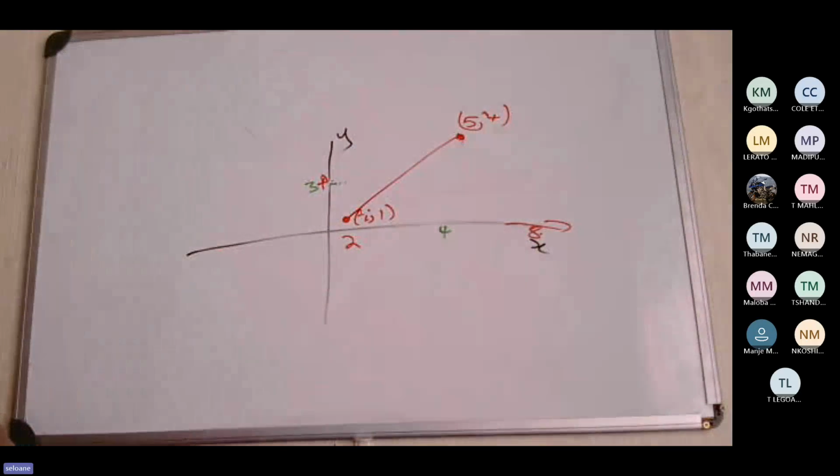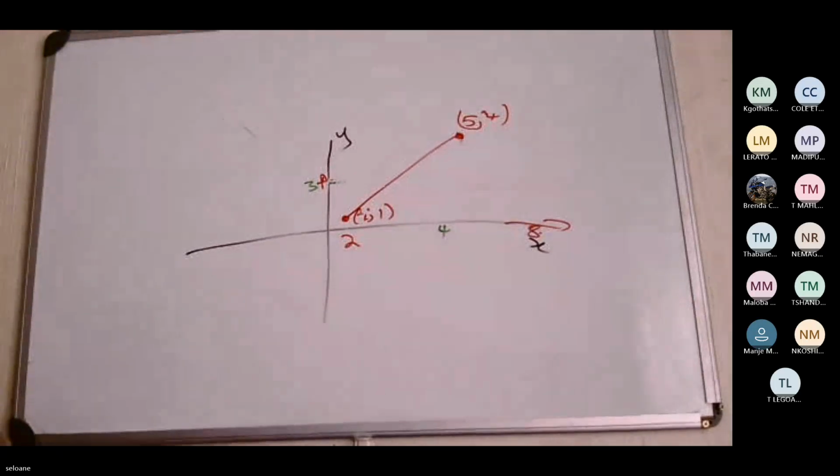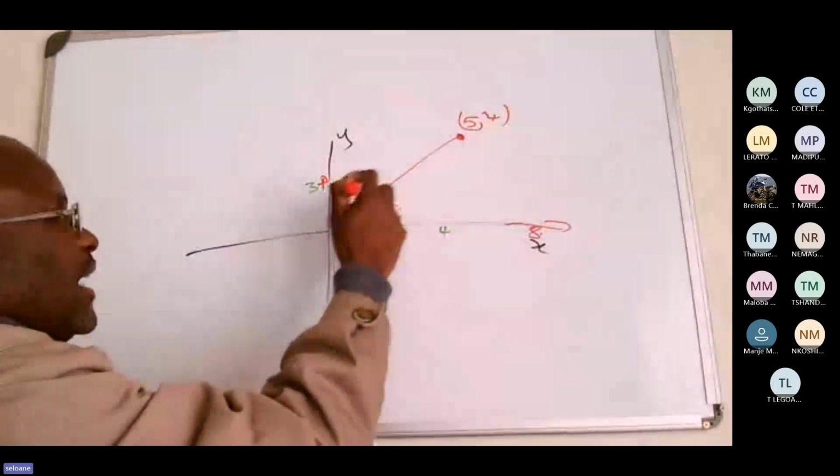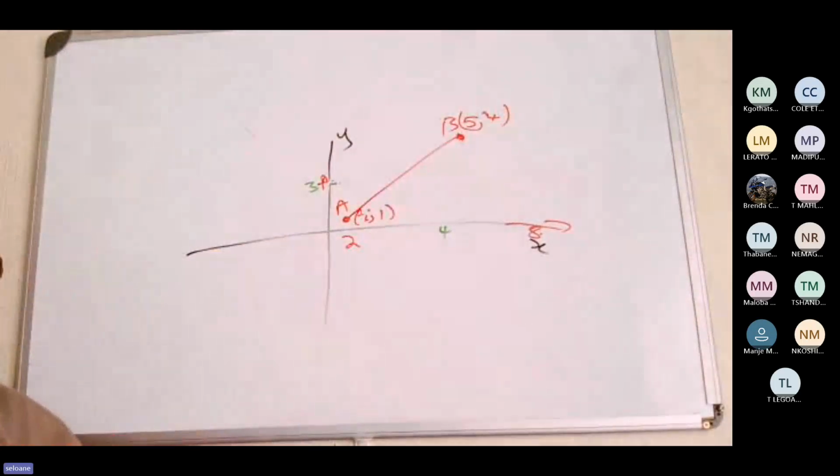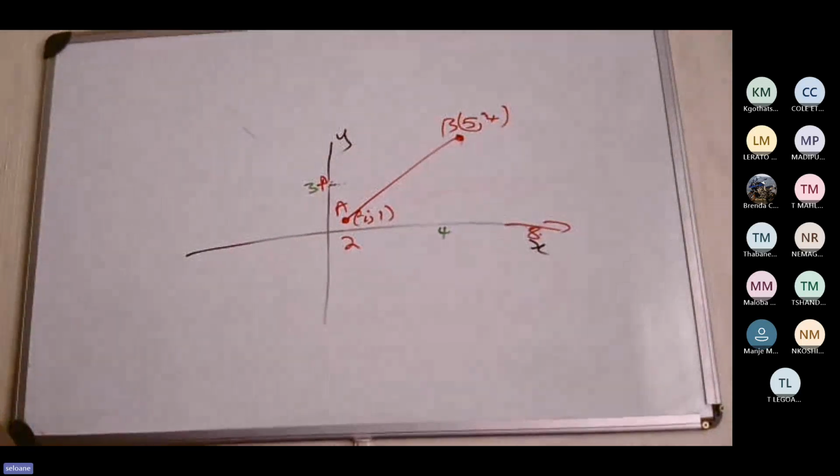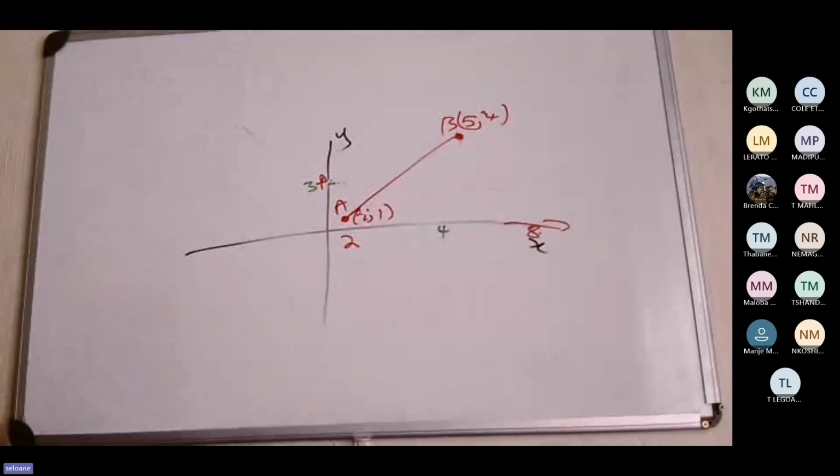Say this is A again, this is B. Given the coordinates of A and the coordinates of B, can we find the length AB? Yes, there's a formula for that. We know it.